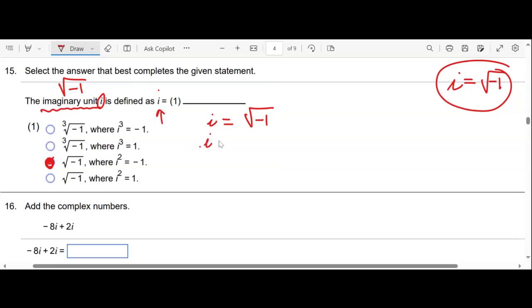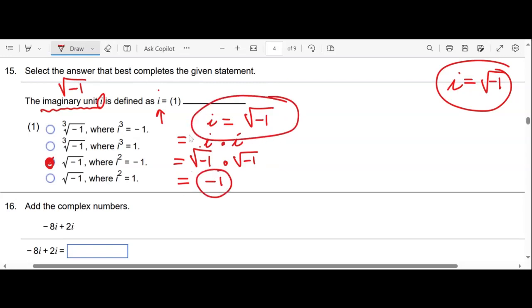What if I say i times i? Square root of negative 1 times square root of negative 1. How much does this give you? Negative 1. So this one and this one. Which one is the correct one? The third one. So the third one is the correct one, not the fourth one. Okay?